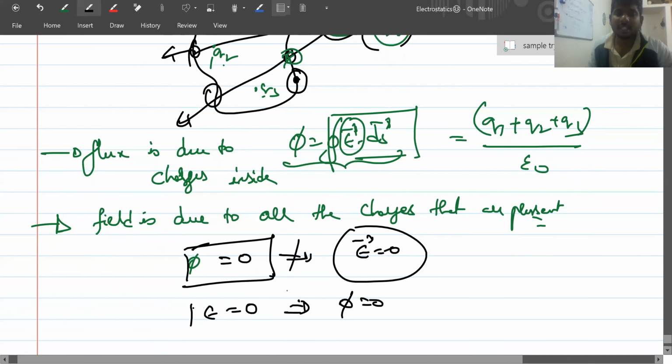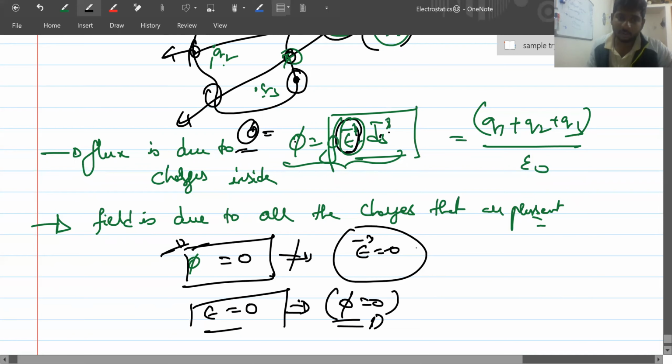Electric field is zero means the net charges present in this place give zero electric field at that point, so the flux will also be zero. Because if the electric field at all the points is zero, then integral E dot dA, whatever the area may be, the flux will be zero. Flux zero does not mean electric field is zero. Electric field zero means the flux will be zero.